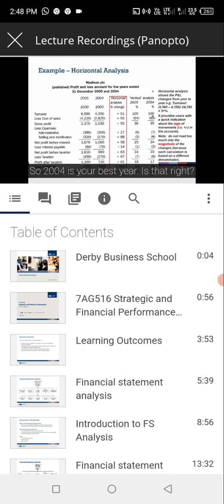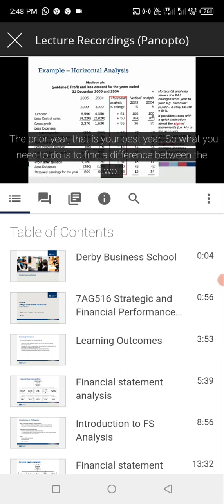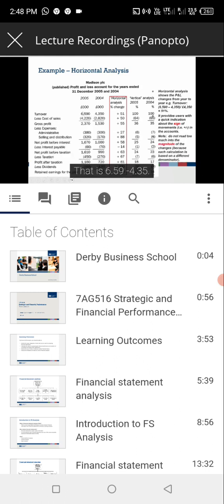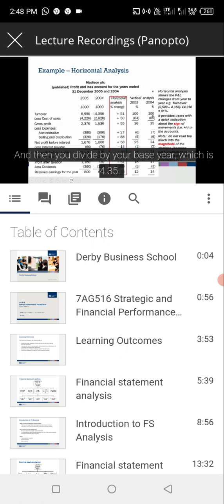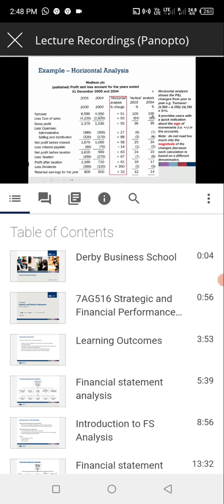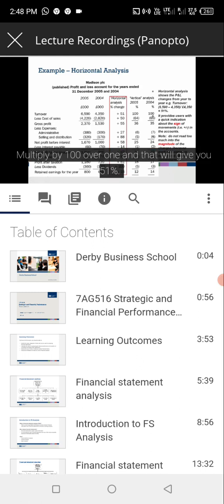So 2004 is your base year. Is that all right? The prior year is your base year. So what you need to do is to find the difference between the two. That is 6.59 minus 4.35. And then you divide by your base year, which is 4.35, multiplied by 100 over 1. And that will give you 51%.